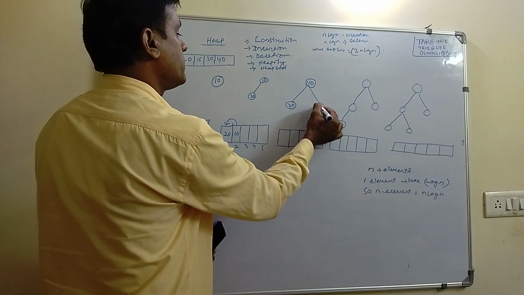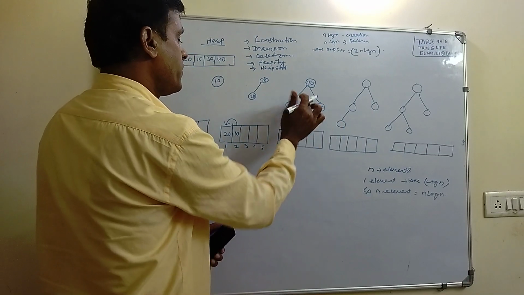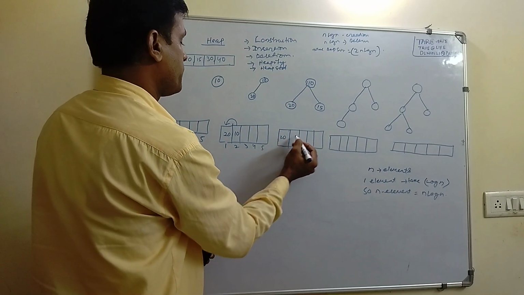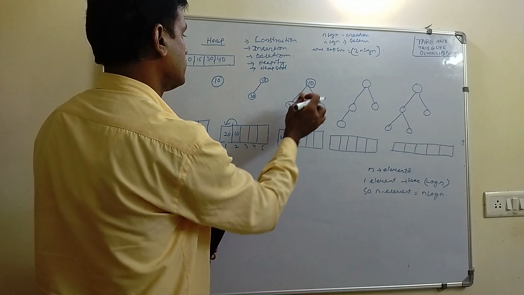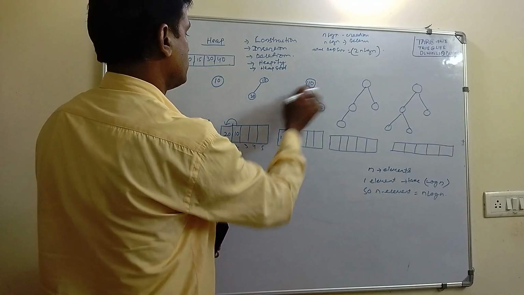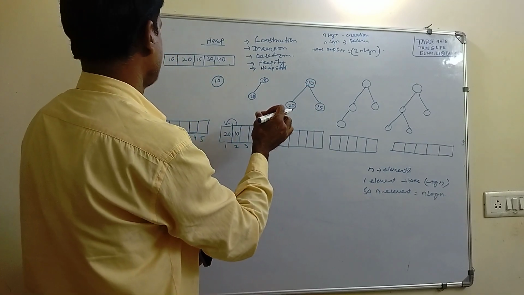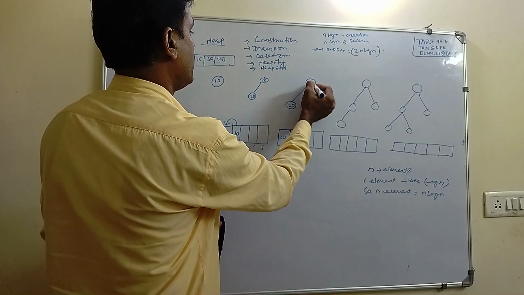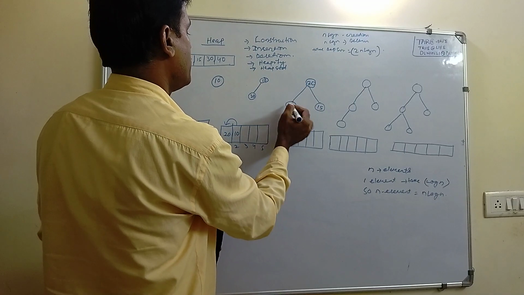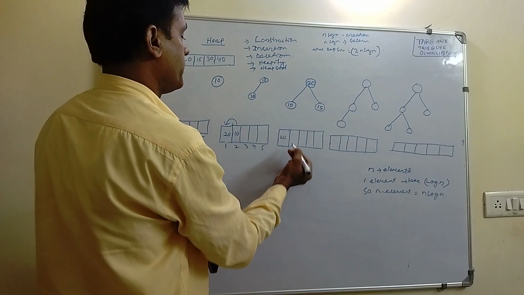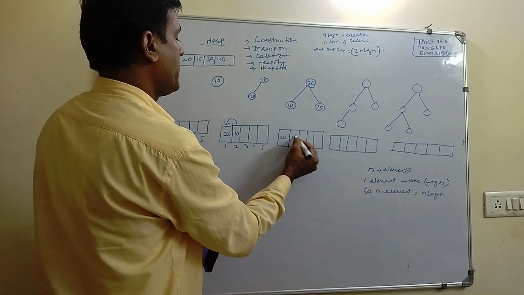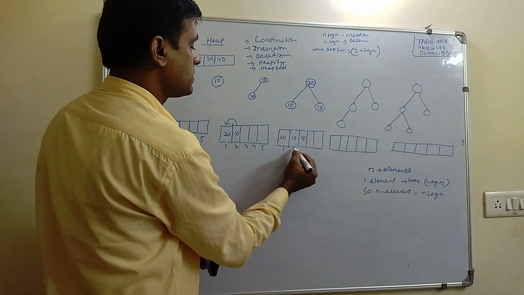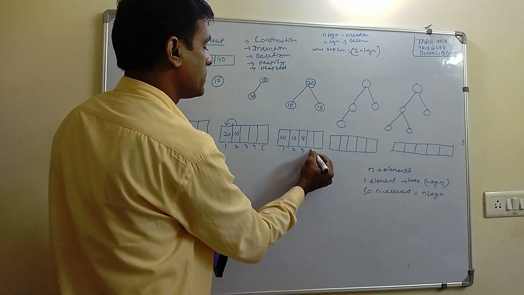Now if you want to insert 15, this is your 10 element and this is your 20. If you insert 15, the representation is like this: this is your 20 and this is your 10, and you have inputted 15. Now the index is like this: 1, 2, 3, 4, 5.